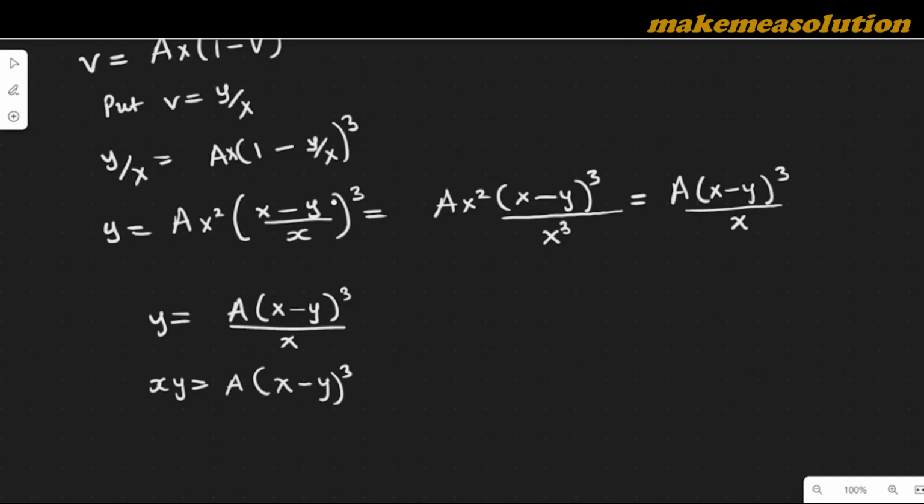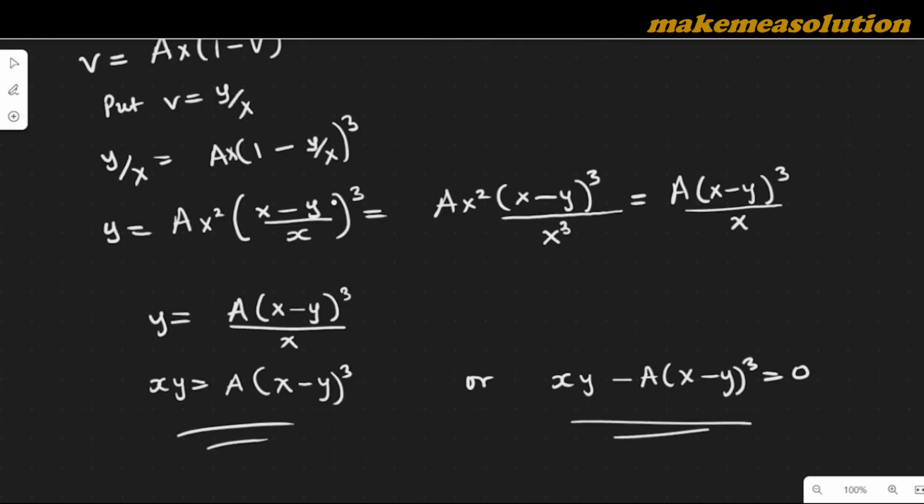So someone can say, this is where I drop my pen, or someone can still say xy minus a(x minus y) all cube equal to 0. Any of these can do, and this is the general solution that we have been looking for all this while.